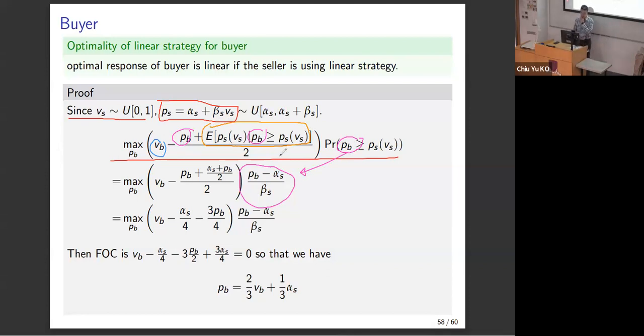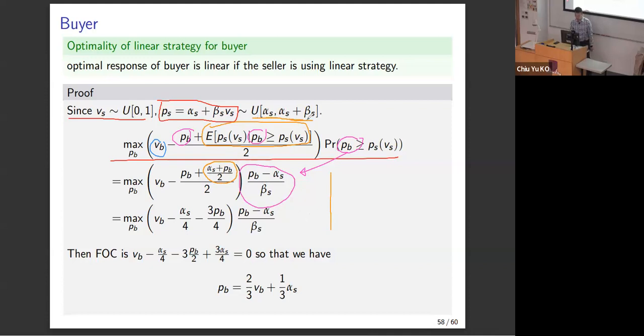But if you remember, because this is uniform, how can we do that? It's like this. You are talking about P of S, this guy, uniform.